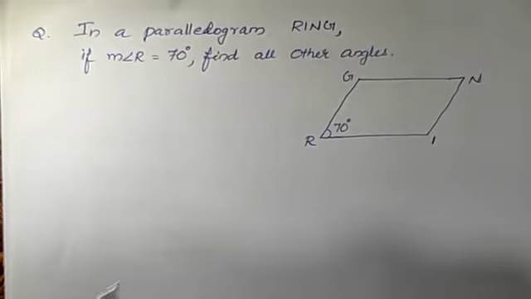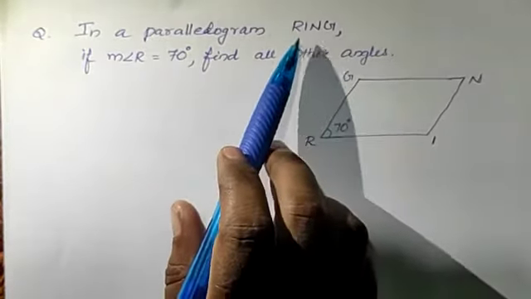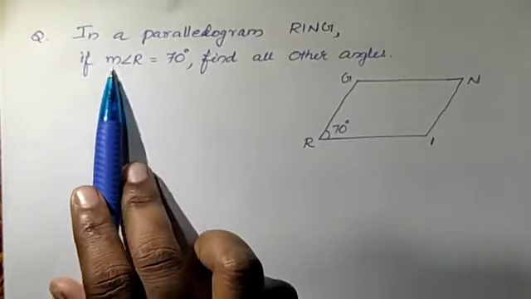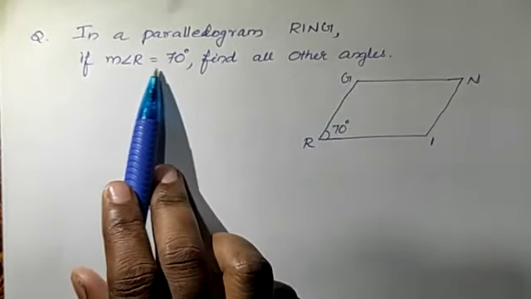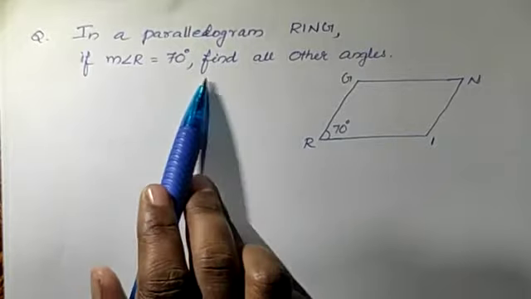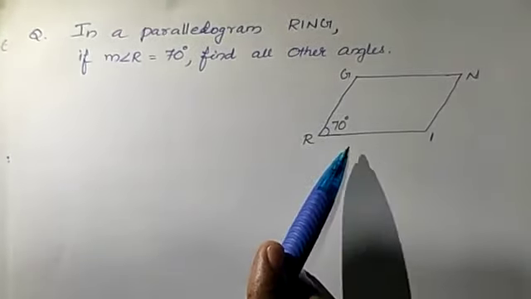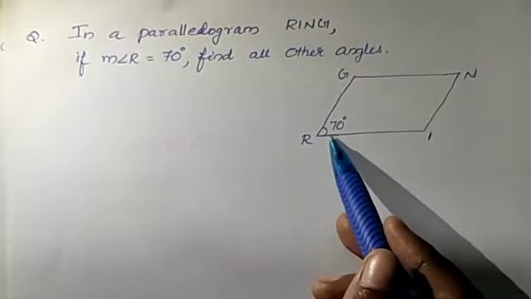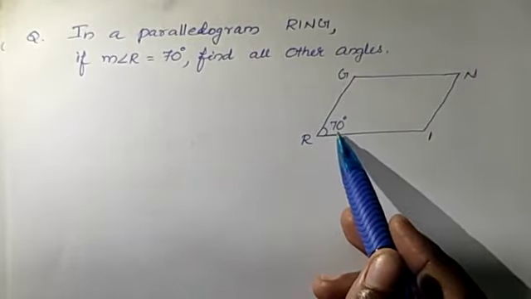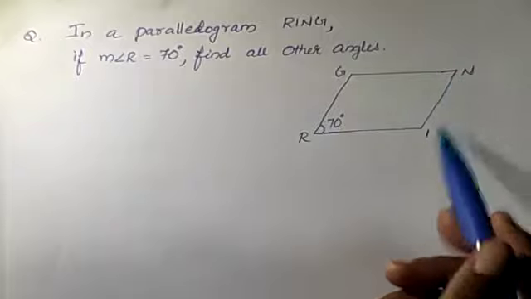Next question is, in a parallelogram RING, if measure of angle R is equal to 70 degrees, find all other angles. This is the parallelogram. Here the angle R is given, 70 degrees. We have to find other angles.